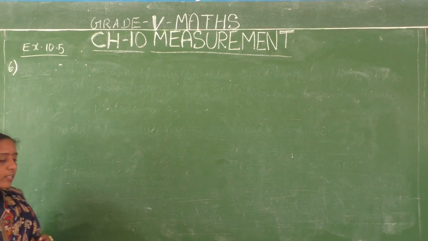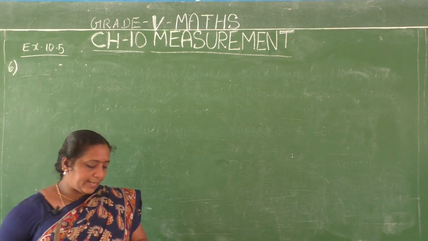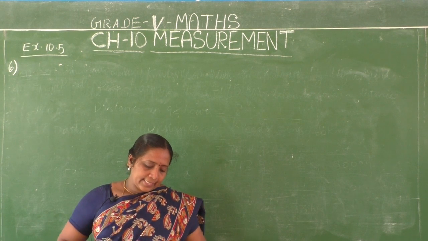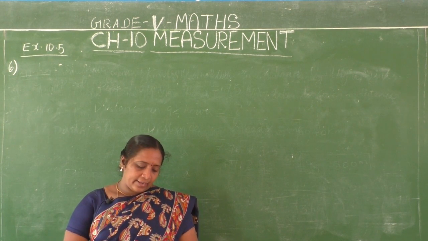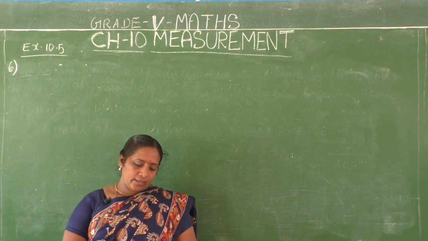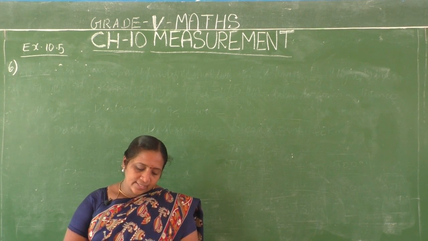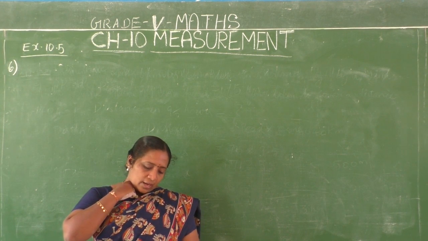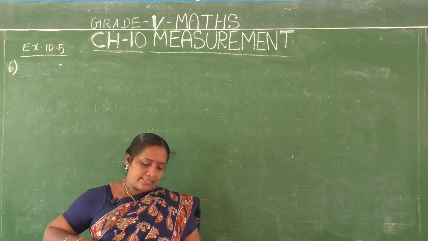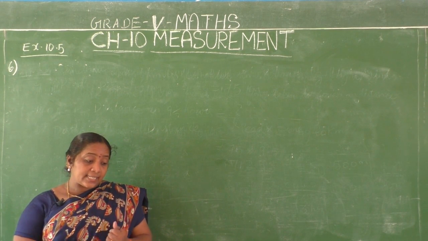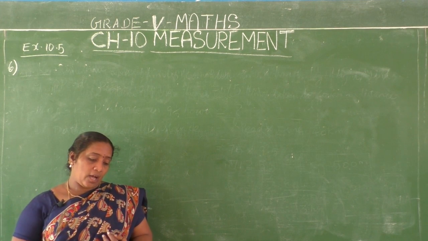Because in this question also, they are asking two questions. A cyclist is traveling at the rate of 9 km per hour. Find the distance traveled in 8 hours.